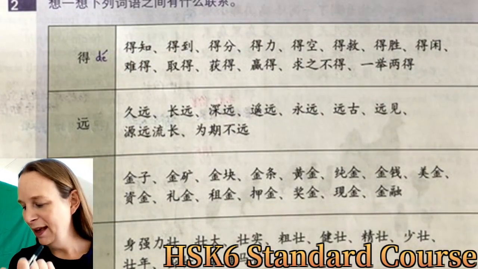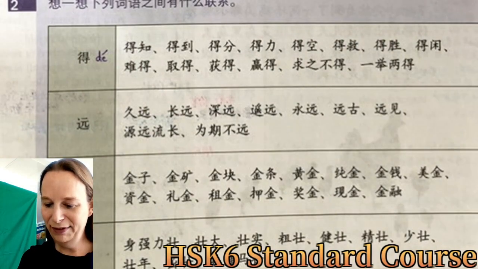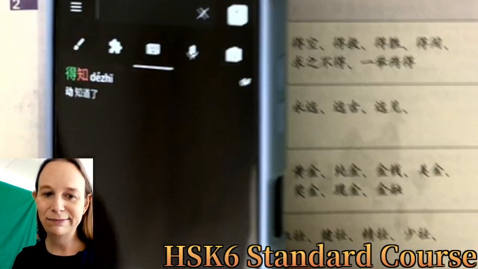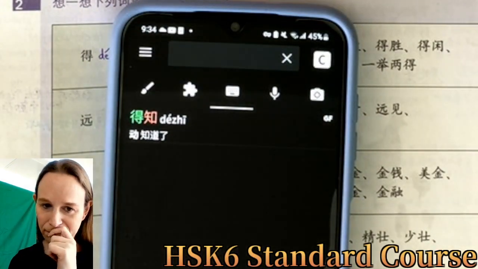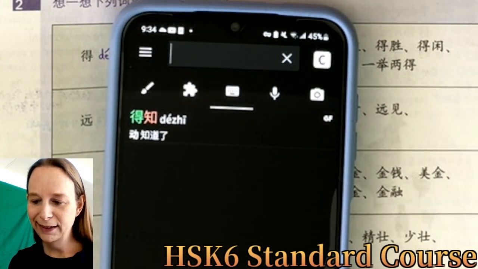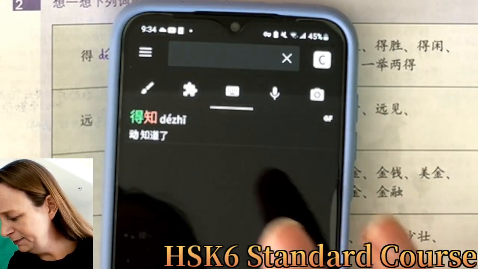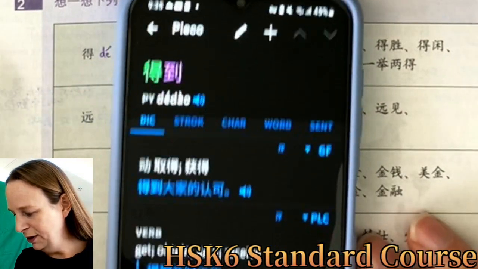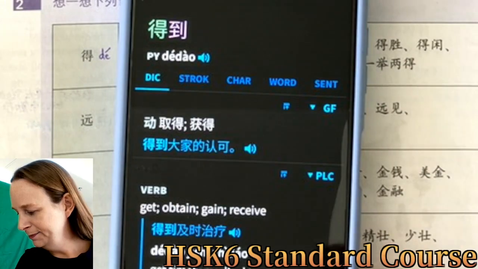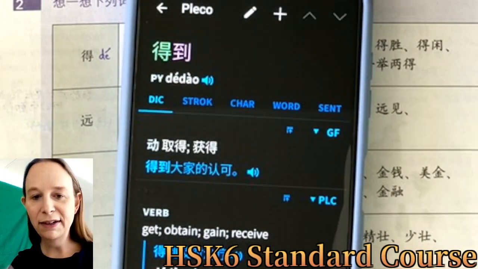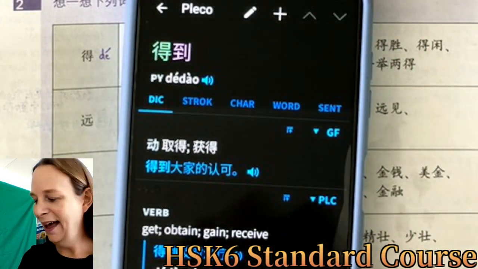得到了. 得到什么? What things can be 得到, received? 得到了, I don't know, received or given? No. Given is more like 送. To be given. Yeah, maybe 得到. 取得, 获得, yeah. Obtain, yeah. 得到大家的认可. Yeah, so you receive everyone's recognition.